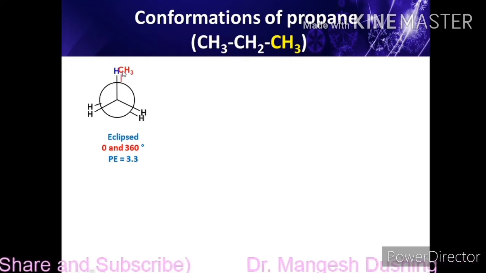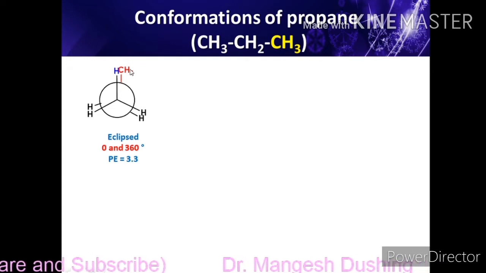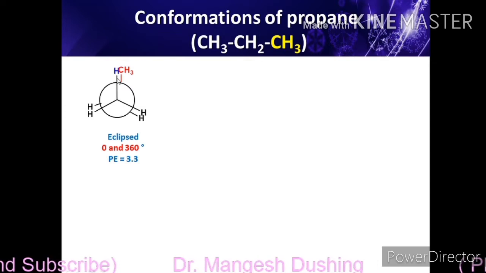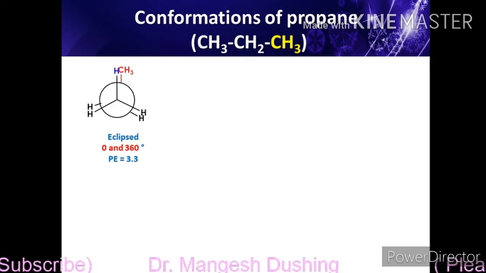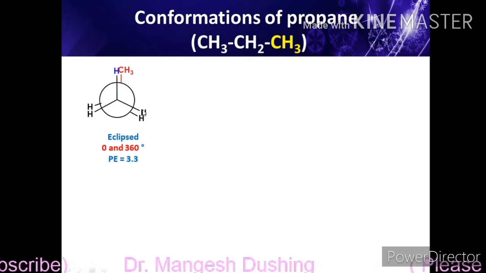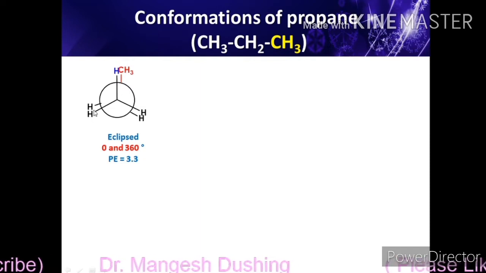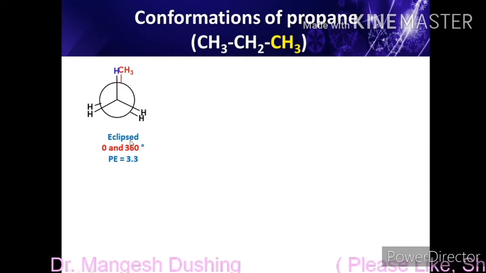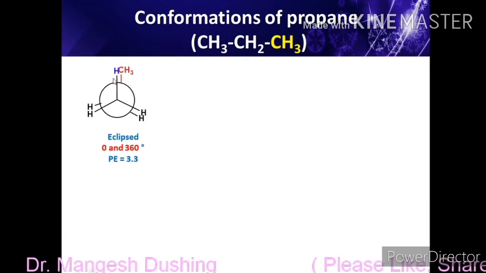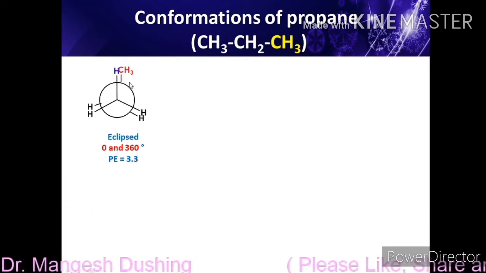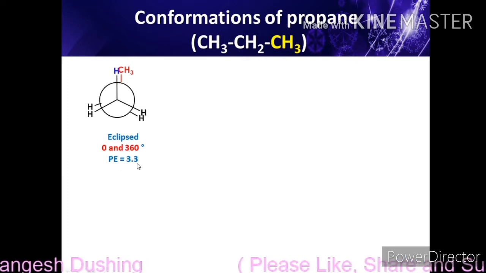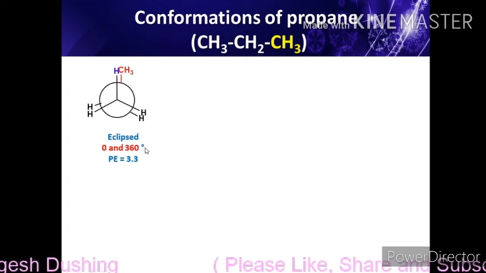Here, because of the bulkiness of this methyl group, energy rises around 1.3 kilocalorie per mole. So total energy of this molecule is 1 plus 1 plus 1.3, that is 3.3 kilocalorie per mole. So relative potential energy of the molecule in eclipsed conformation is 3.3 kilocalorie per mole.